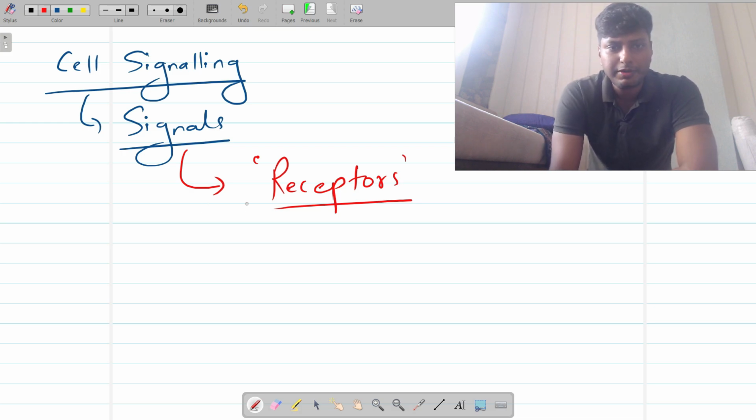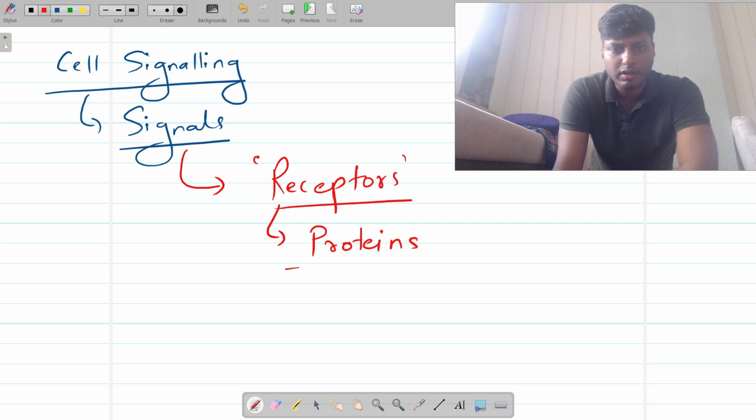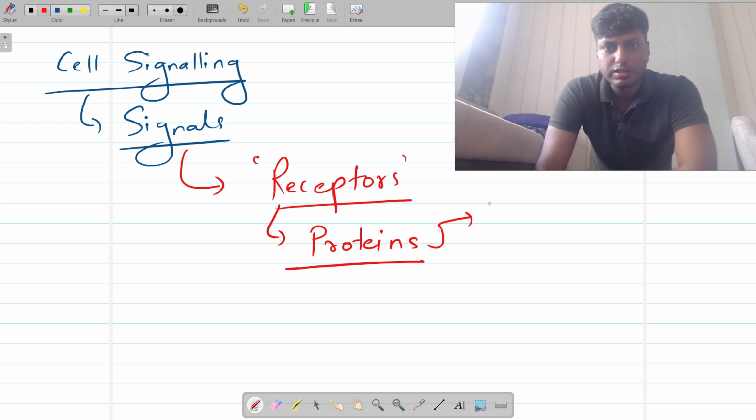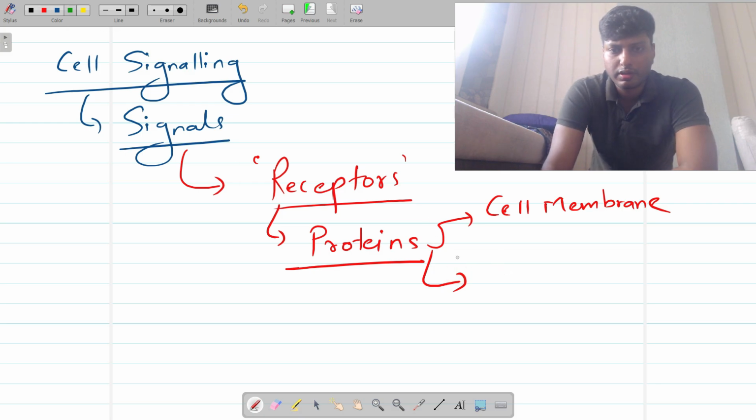So what are these receptors? They are special kinds of proteins which are majorly present on the cell membrane, or they can also be present inside the cytoplasm.